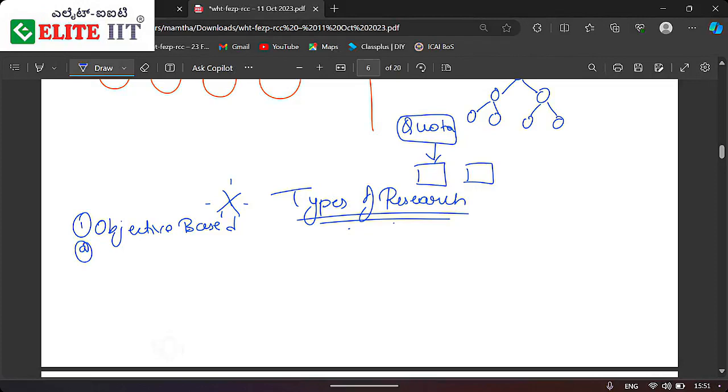The first and foremost is descriptive research. Second one is correlation research. Third one, explanatory research.